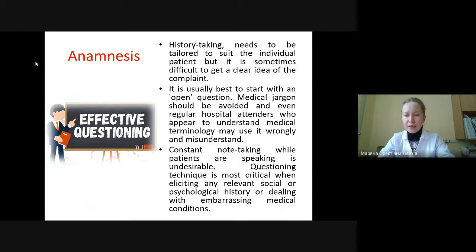Constant note taking while patients are speaking is undesirable. Questioning technique is most critical when eliciting any relevant social or psychological history or dealing with embarrassing medical conditions. So, effective questioning will support collecting appropriately good information about anamnesis of life.